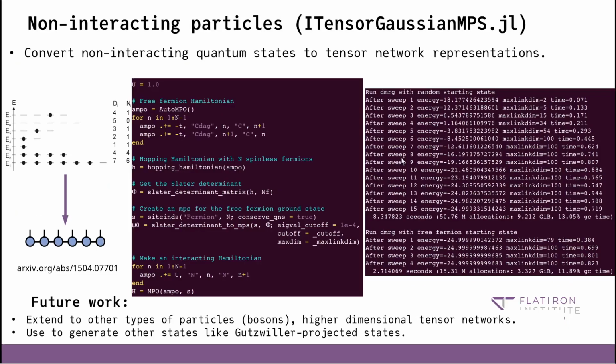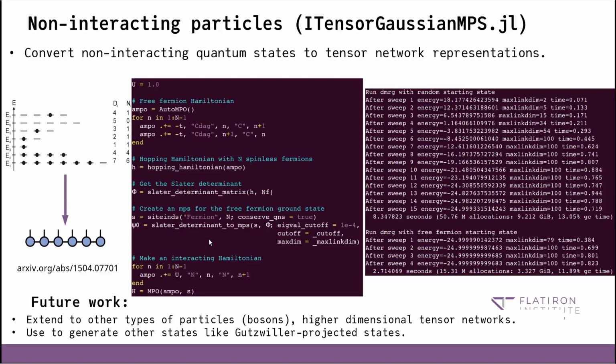Another more physics-related package that I'll just mention briefly is ITensorGaussianMPS.jl, which provides tools for converting non-interacting quantum states into tensor network representations, which can be useful if we think that this non-interacting quantum state is a good starting point for optimizing an interacting quantum state.